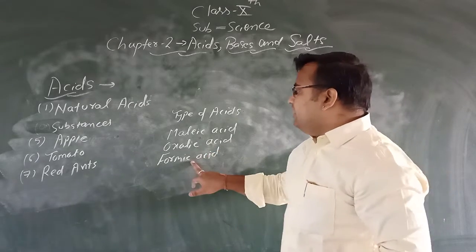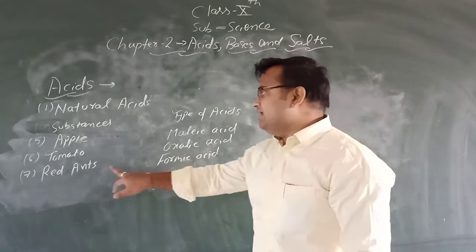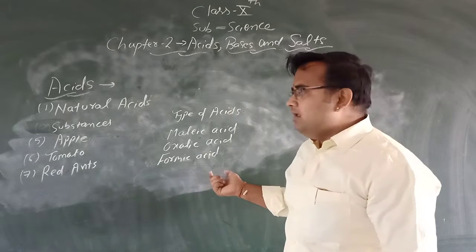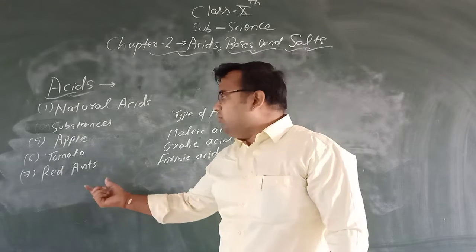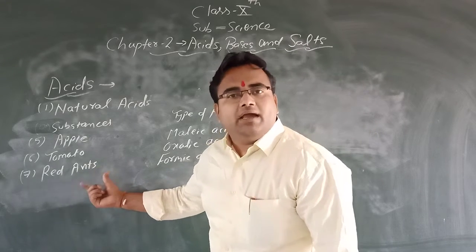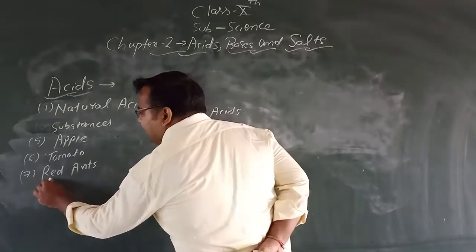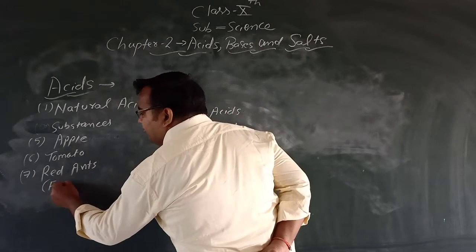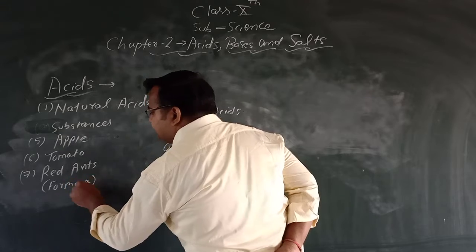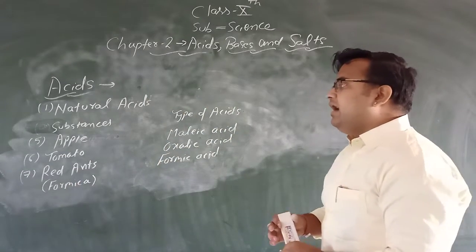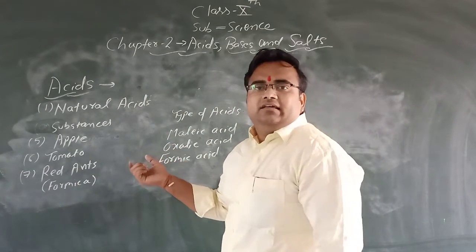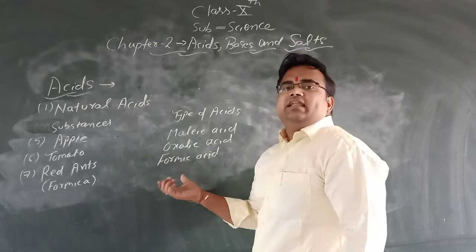Why is the acid present in red ants known as formic acid? Because the Latin name of red ant is Formica. Clear? So these are the examples of natural acids.